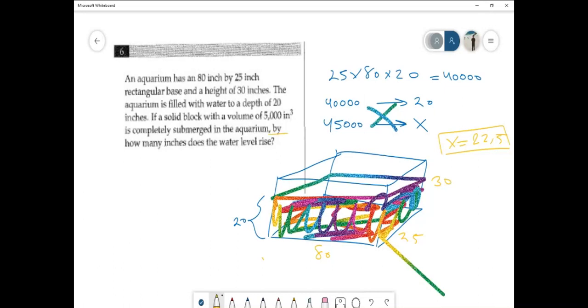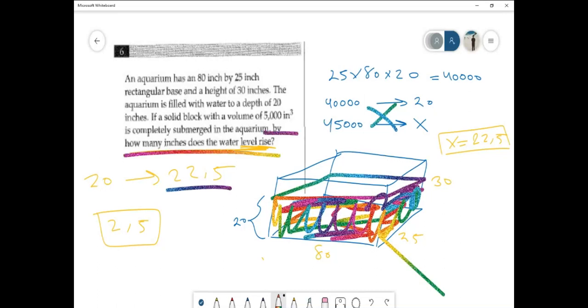Look, when you find x, you find the height of the water after adding the block. Look at the final part of the question. It's really super important. By how many inches does the water level rise? You don't have to find the final height. You have to find how much it increased, from 20 to 22.5.